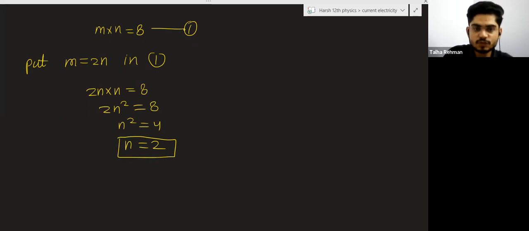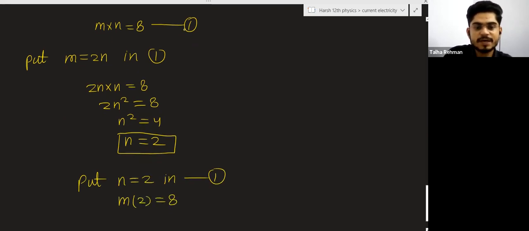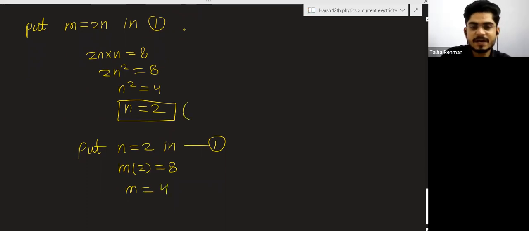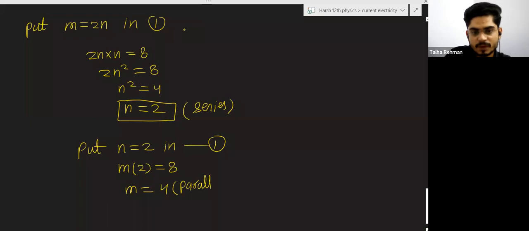So if N is 2, then you will put N is equal to 2 in equation 1. So you will get M is equal to 4. So these N cells we have connected in series, and M cells we have connected in parallel.